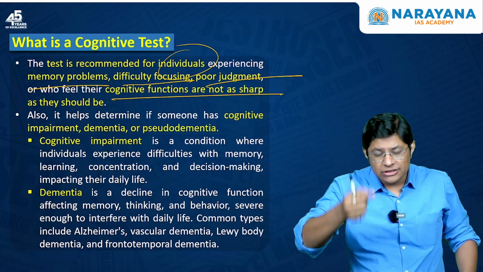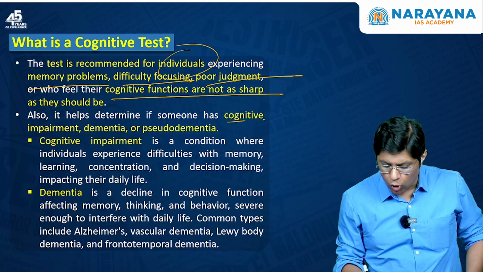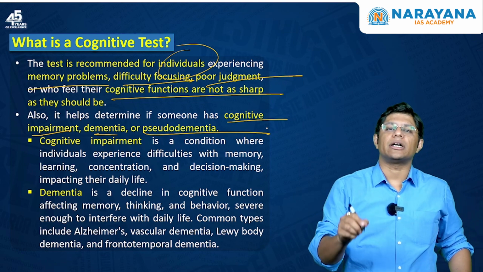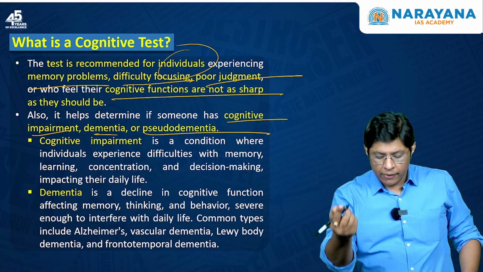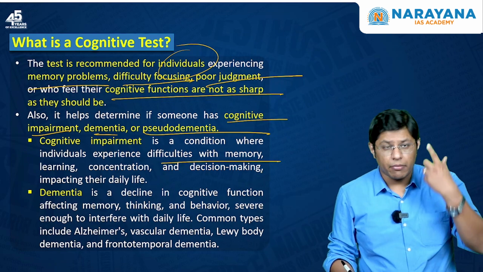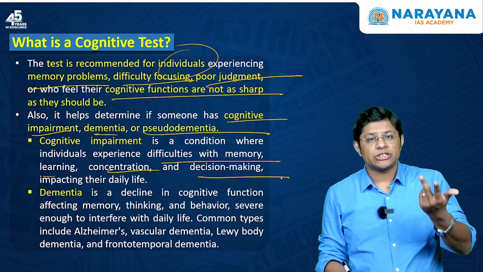Now, going through this test will help understand if one is suffering from cognitive impairment, dementia, or pseudo-dementia. What is cognitive impairment? Where individuals experience difficulties with memory, learning, concentration, decision making. What is dementia?